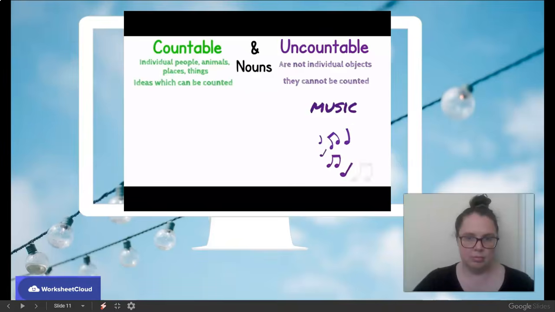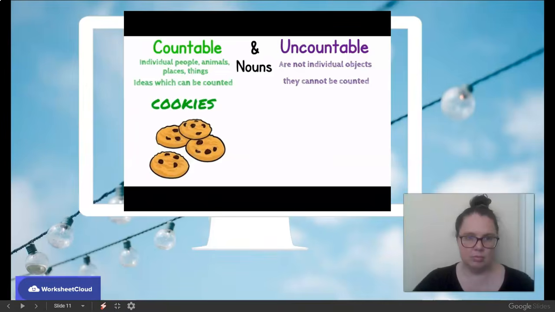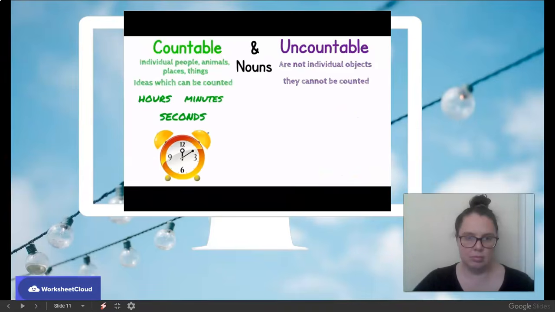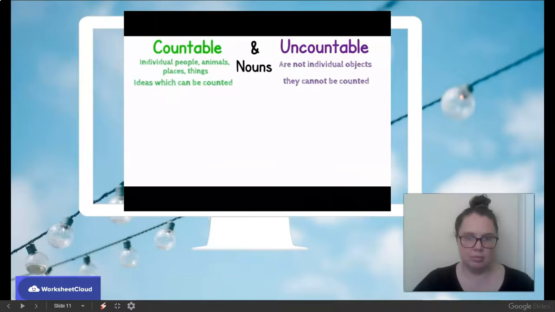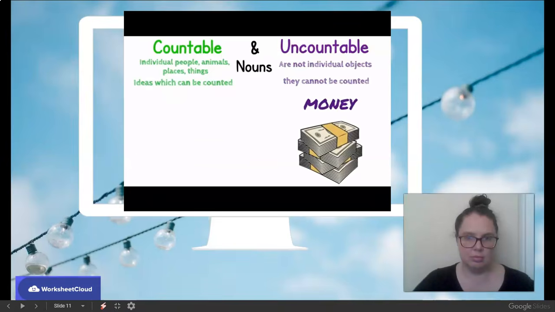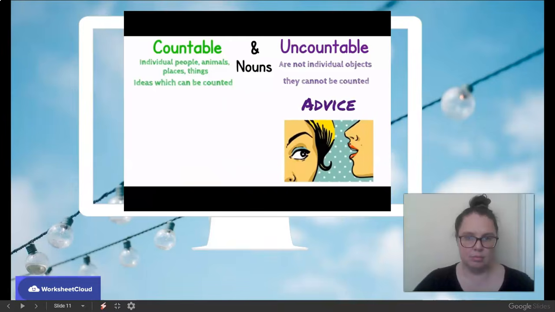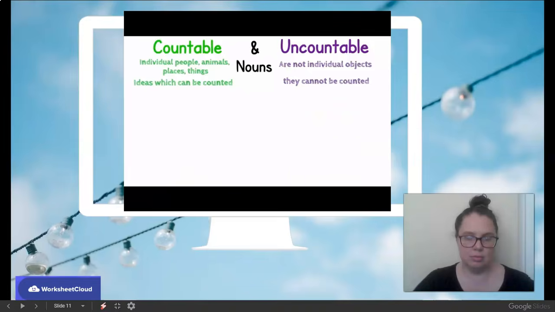Photographs, intelligence, musical instruments, music, cookies, cheese, hours, minutes, seconds, money.